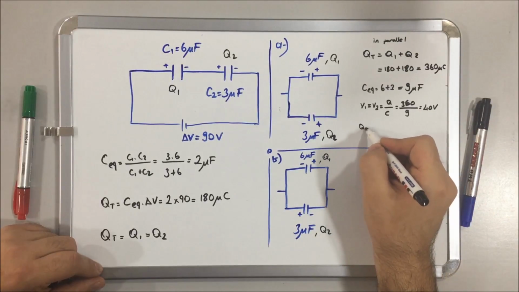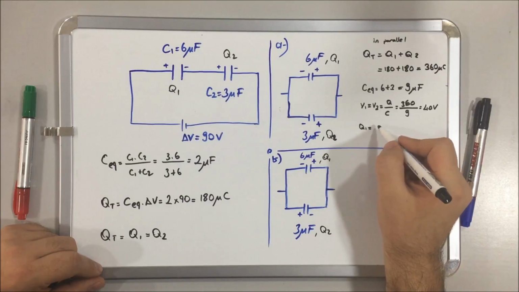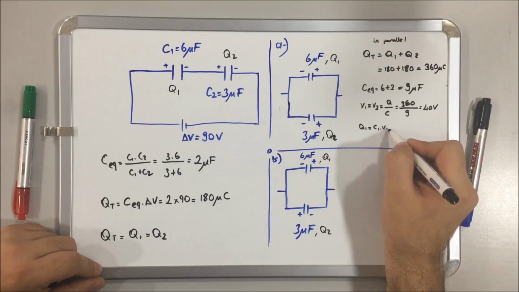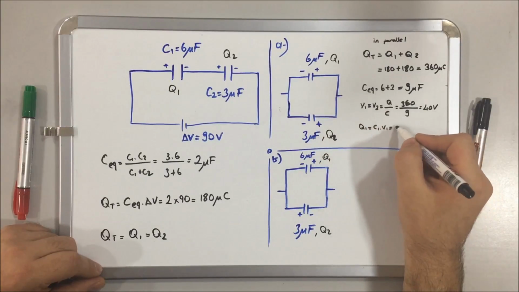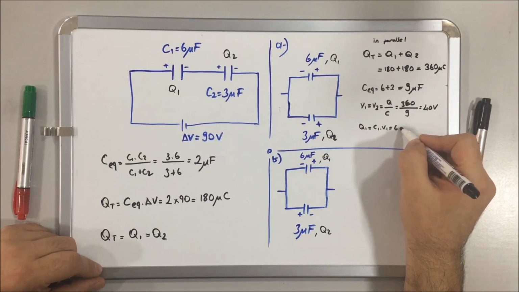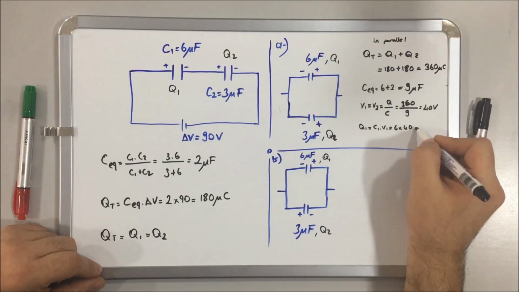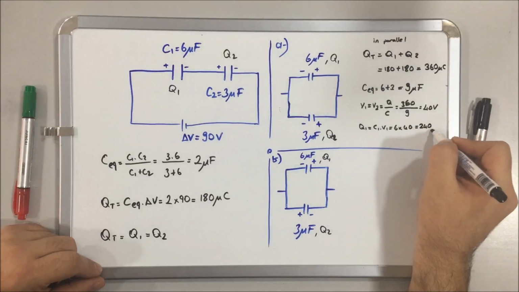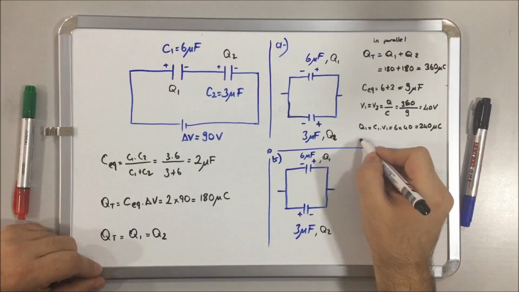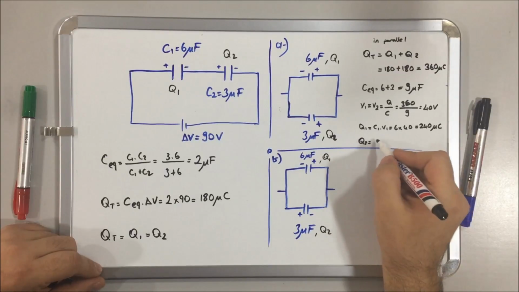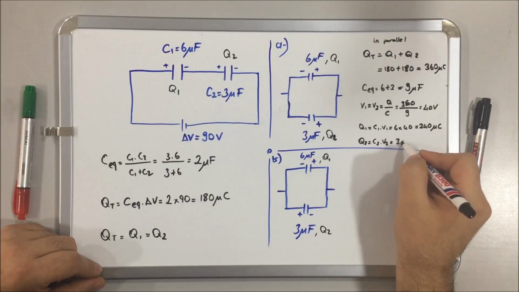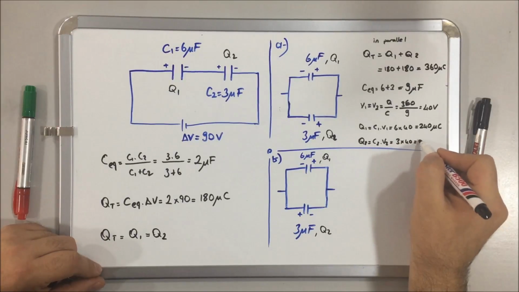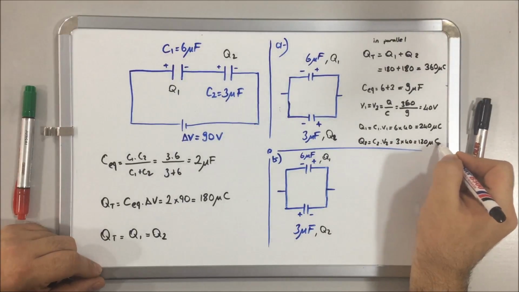So Q1 is equal to C1 times V1. C1 is 6 microfarad times V1, 40, so it will be 240 microcoulomb. And Q2 will be C2 times V2, which is 3 times 40, 120 microcoulomb.